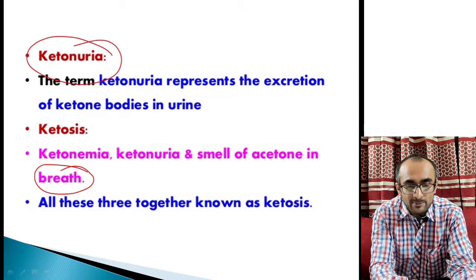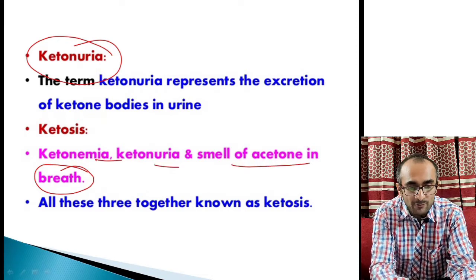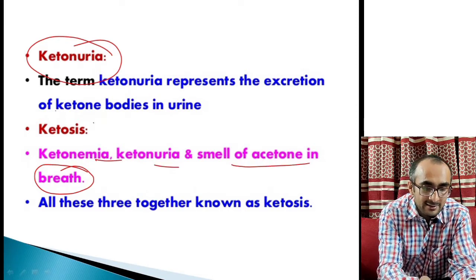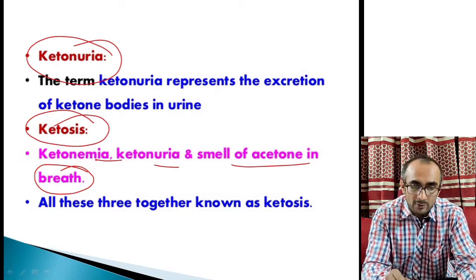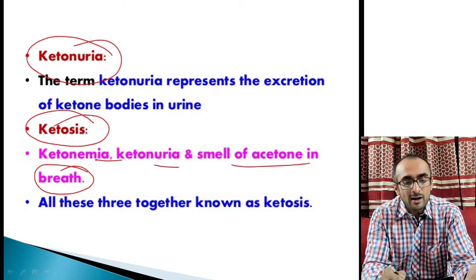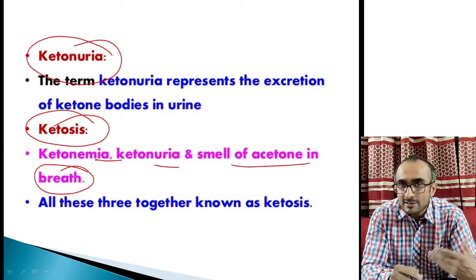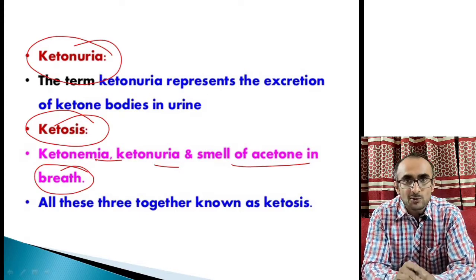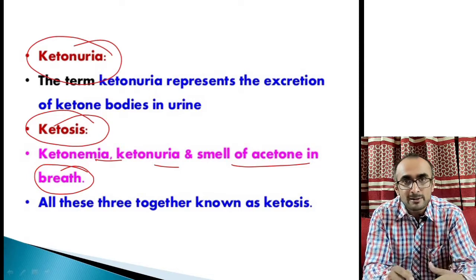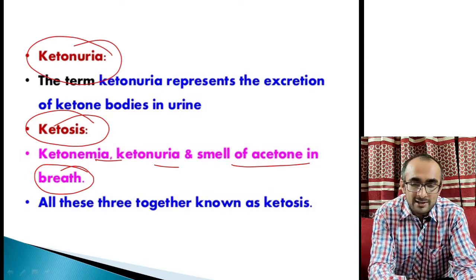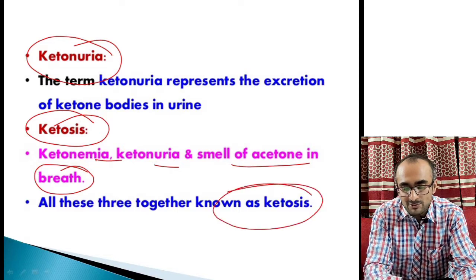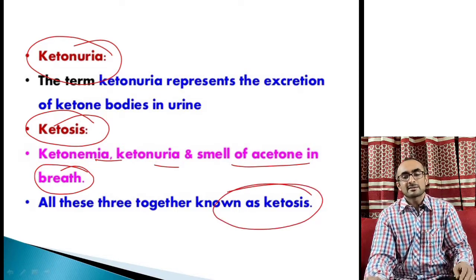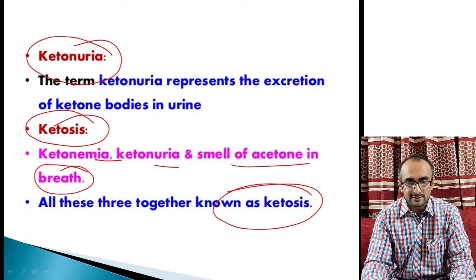Together, ketonemia, ketonuria, and this smell of acetone in the breath are called ketosis. So ketosis is a pathological state where a high concentration of ketone bodies is present in the blood and urine, and the breath of the person also smells like these ketone bodies. All these parameters together are called ketosis.